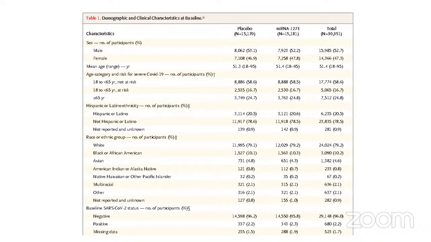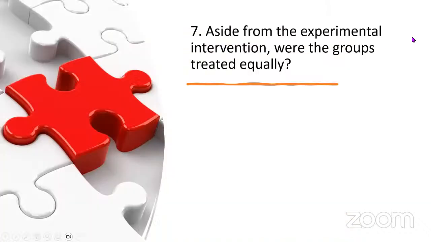So that should be more or less equal between the two groups. The age group is important because immunogenicity may be different in the elderly compared to the younger population. So we should look at key parameters which will impact the outcome and ensure that they are equal between the intervention group and the placebo group.